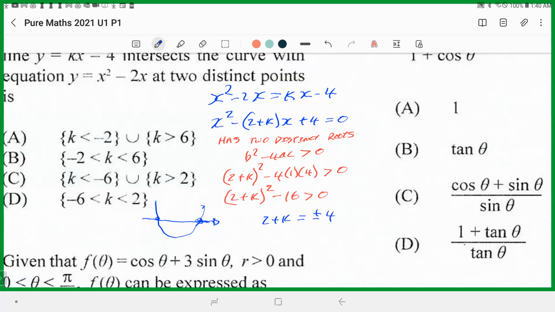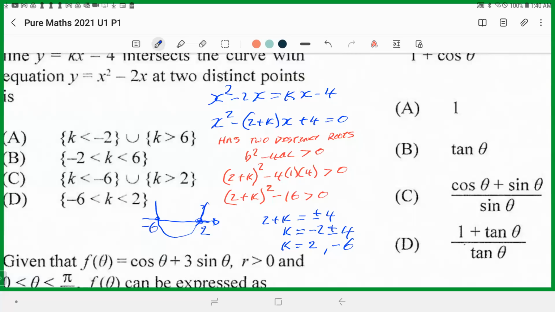If I just solve it equals 0, I'll get my critical values. k would be minus 2 plus or minus 4, which means that k would be 2 and negative 6. So this is 2, this is negative 6.